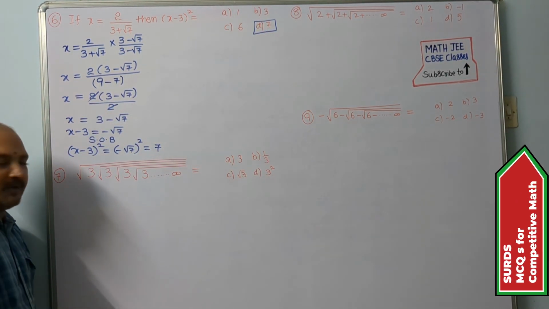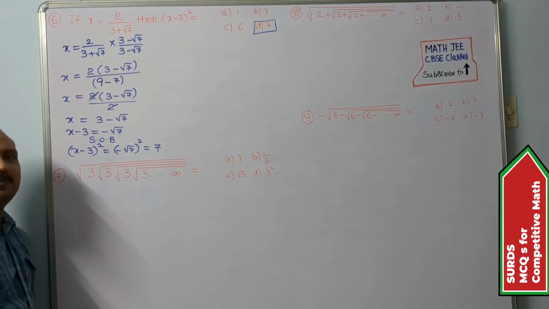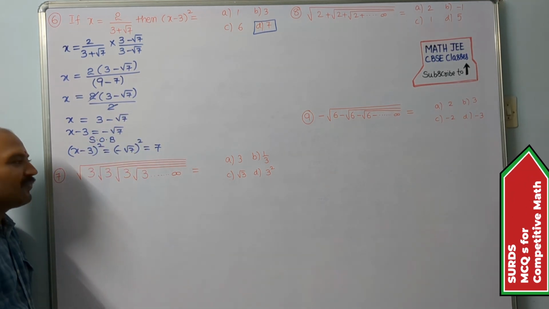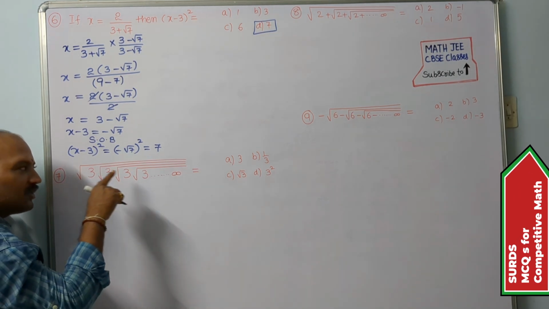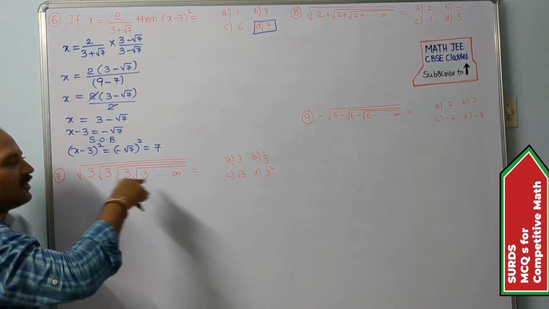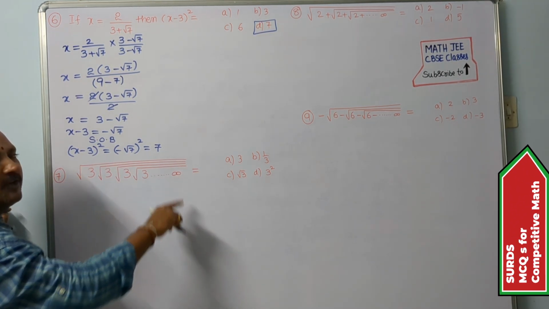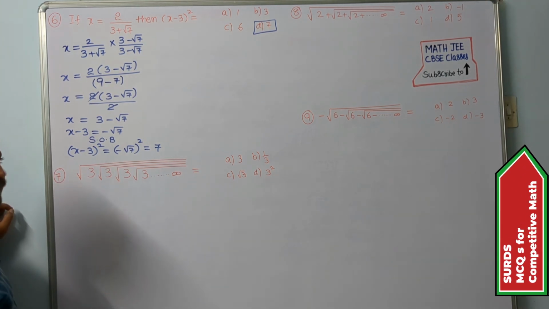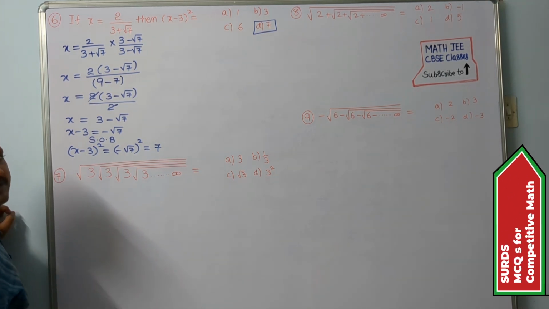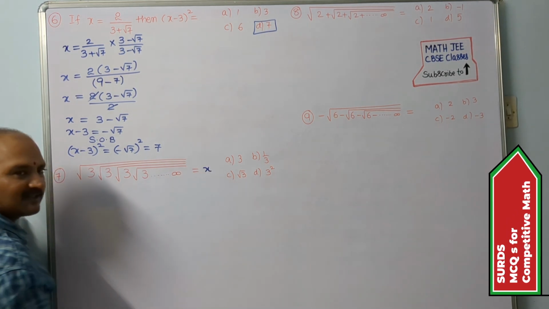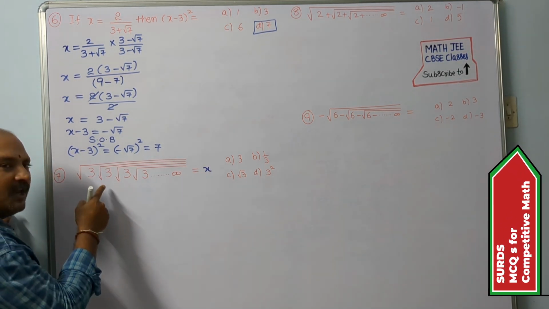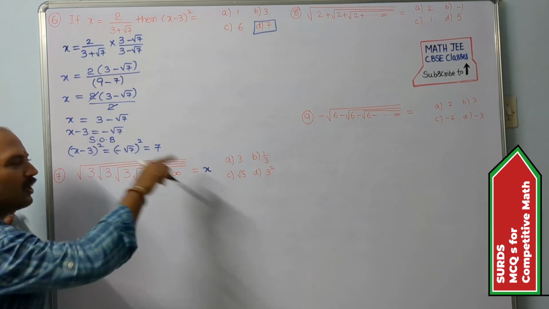Now come to the next question. The coming questions are very important models, dear students. So here, root 3 into root 3, within the root only, the 3 continues till infinity. So how to solve these types of problems? Let us assume that the given expression is equal to x: root 3 into root 3 and so on to infinity.